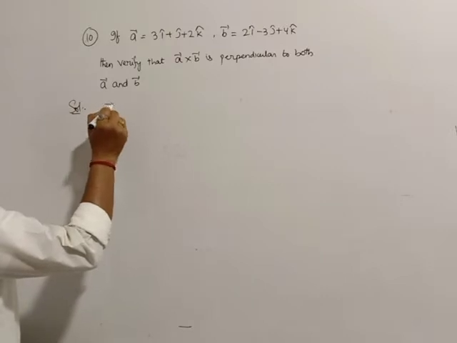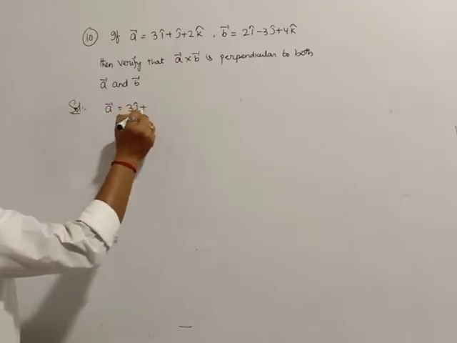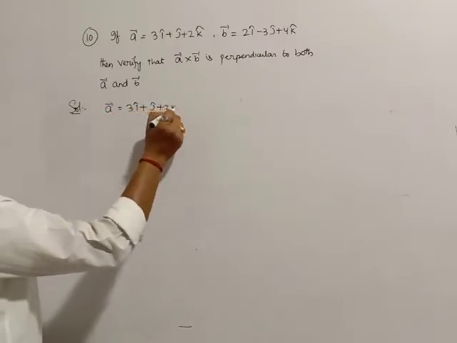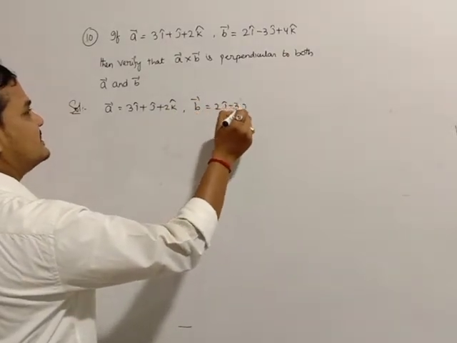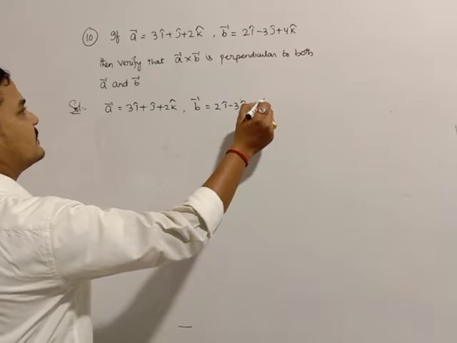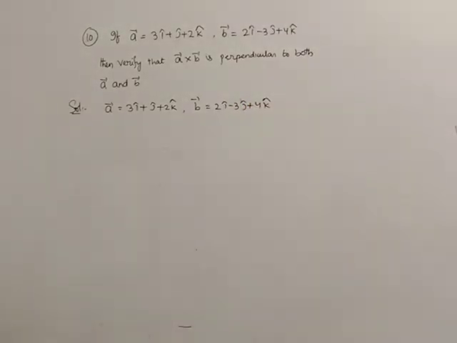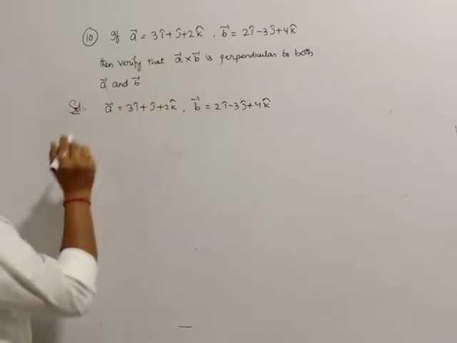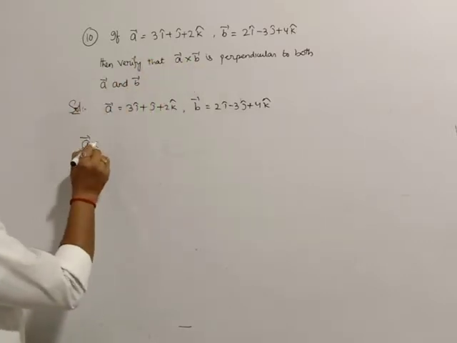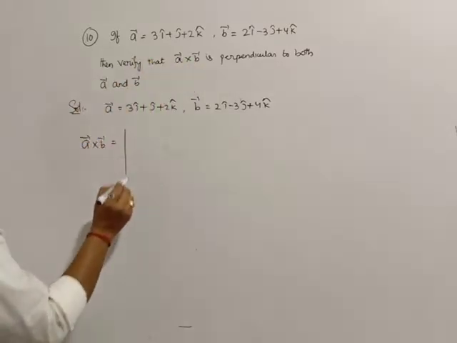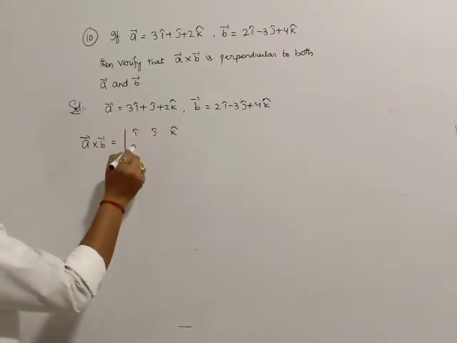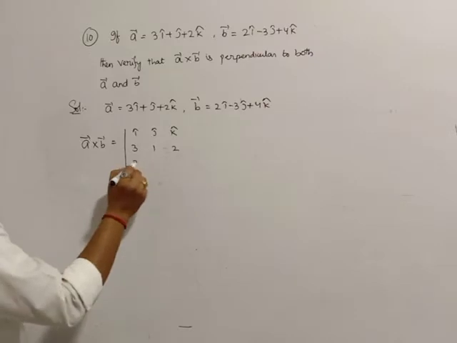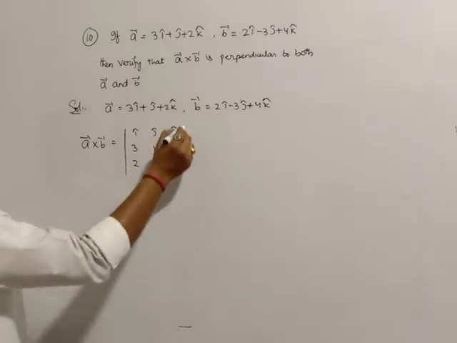First of all, a bar is equal to 3i bar plus j bar plus 2k bar, and b bar is equal to 2i bar minus 3j bar plus 4k bar. That is 4k bar, no? Okay. Now, first of all, you need to find a bar cross b bar. That is the determinant of i, j, k; 3, 1, 2; 2, minus 3, 4.